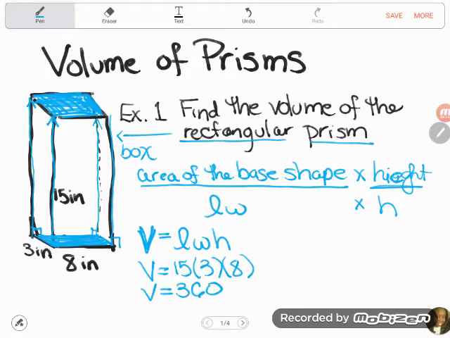Well, remember, we're looking for volume. We're looking to fill this shape. You're not going to be able to fill it with lines, so it's not going to be a linear measurement. It's not going to be plain old inches. You're not going to be able to fill it with flat squares. If you want to fill space, and you want to measure volume, volume's always the filling of space, you're going to have to use cubic units.